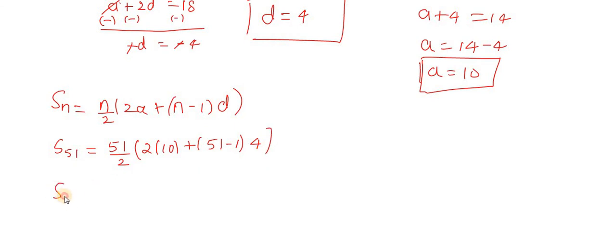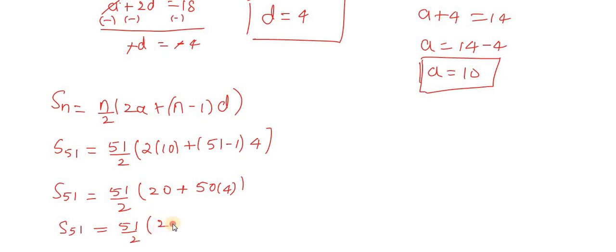Okay, now S51 is equal to 51 by 2 into 2 into 10, 2 tens are 20, plus 51 minus 1, that is 50, into 4.